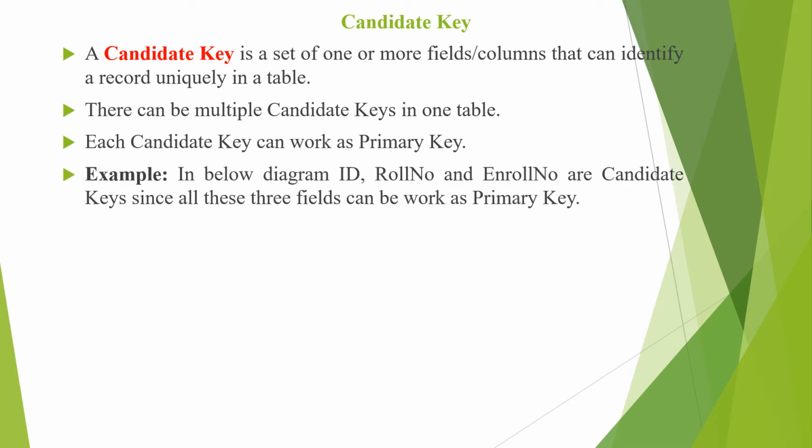For example, in the below diagram, we have ID, roll number and enroll number. These ID, roll number and enroll number are the candidate keys, since all these three fields can work as a primary key.